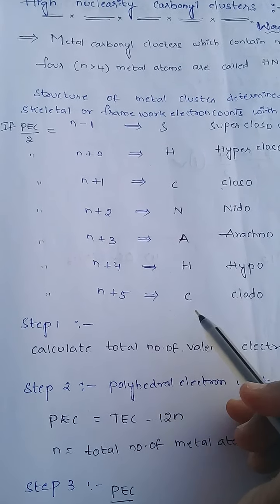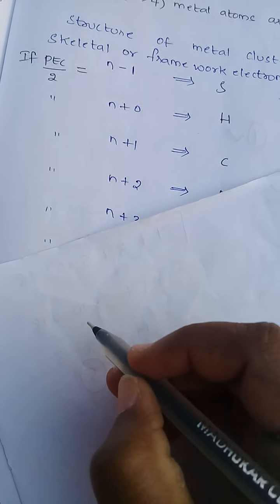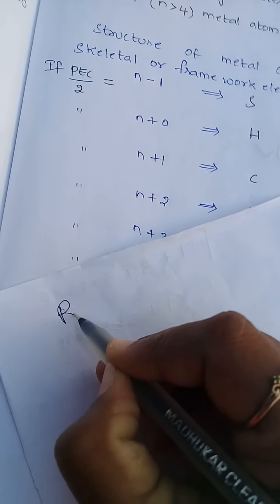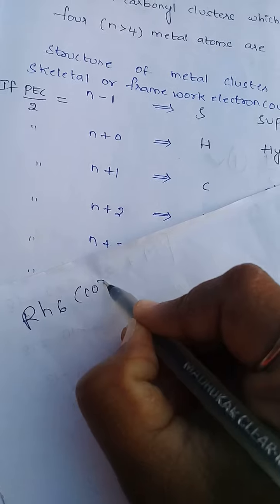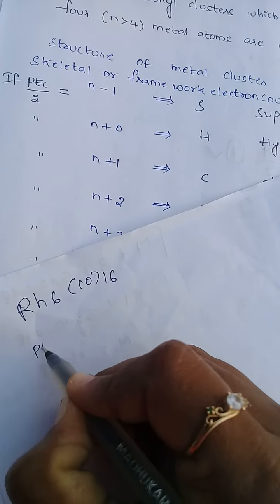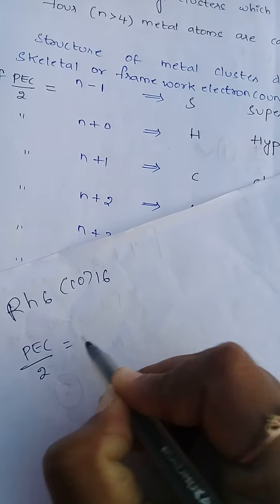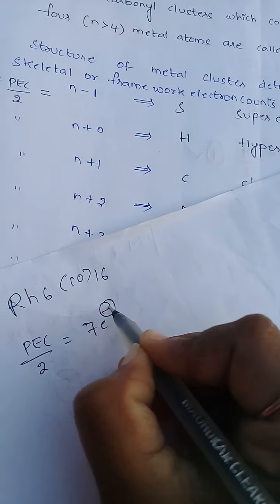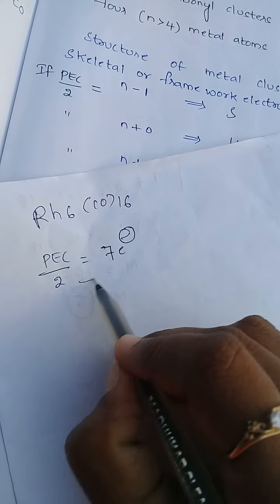But how do we find it? For Rh6(CO)16 we get a polyhedral electron count of 7 electrons.